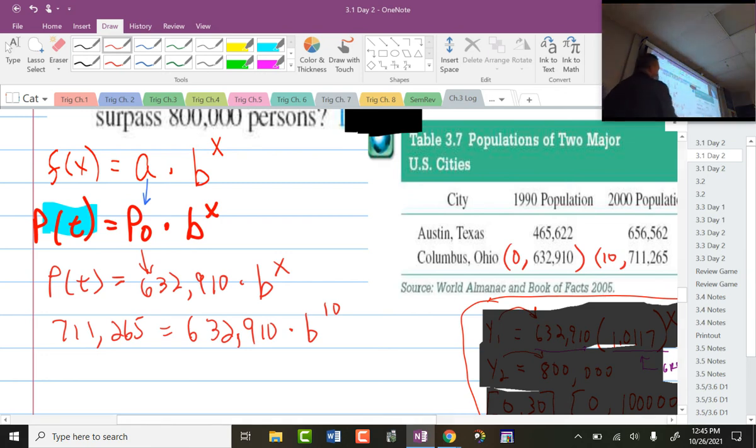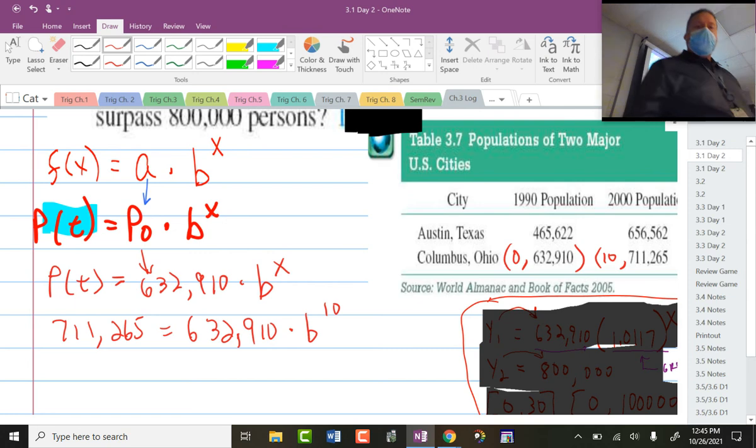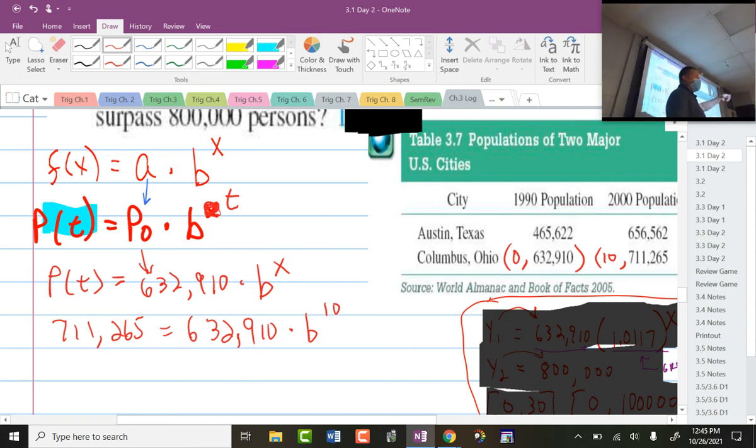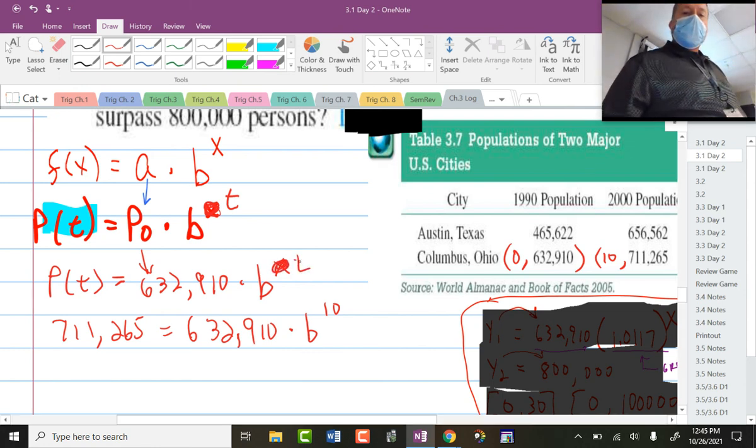Plugged in 711 over here, the population over 10 years, and then 10 for x. 10 years, x is, I should have put, actually, you're right, Mr. Samulus. That shouldn't be b raised to the x. It should be b raised to the t, the time. Made a mistake there on that equation. Never caught that over the years. Nice. Good catch right now.